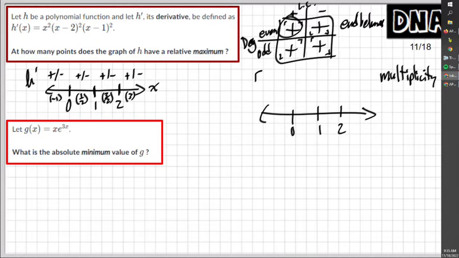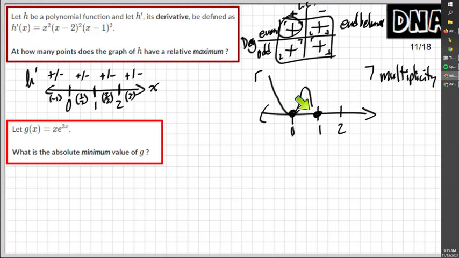So I'm going to put my corners up here to remind me. And I'm going to go down to my first x-intercept. I know we're going to bounce because the multiplicity is 2, because there's 2 x factors that give you a 0. And then I'm going to go up and come back down to this x-intercept.